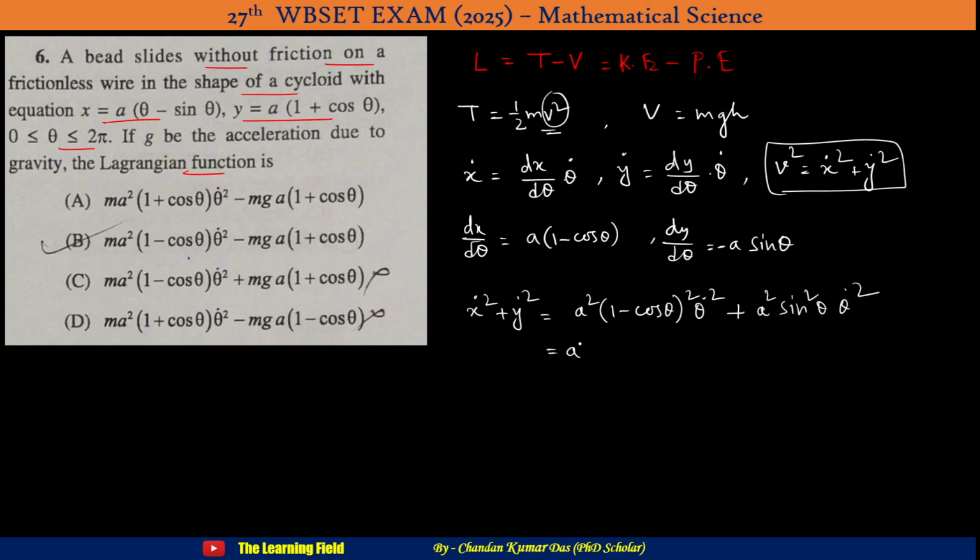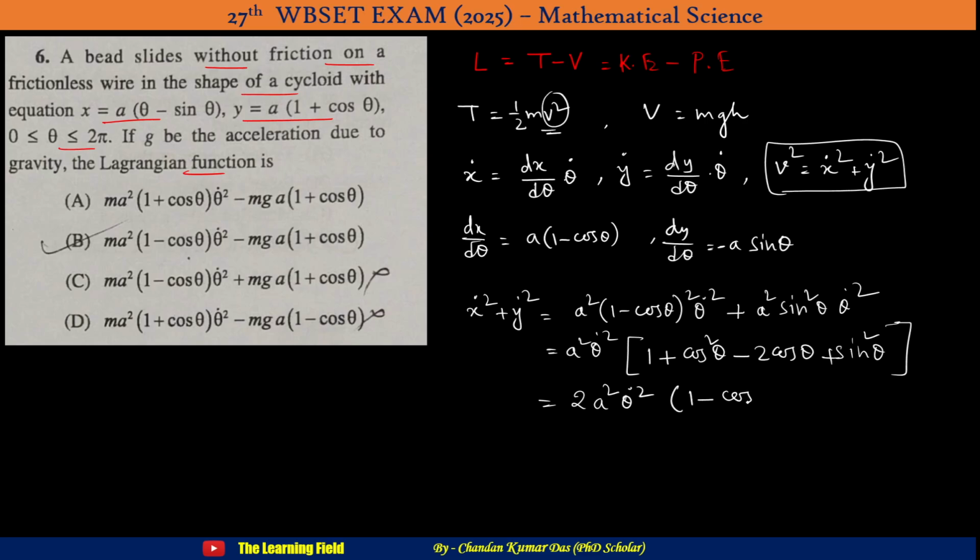So if we take common a square theta dot square, then it will be 1 plus cos square theta minus 2 cos theta plus sin square theta. And we know that sin square theta plus cos square theta equals 1. So this actually comes to 2a square theta dot square into (1 minus cos theta). So this is the value of x dot square plus y dot square.